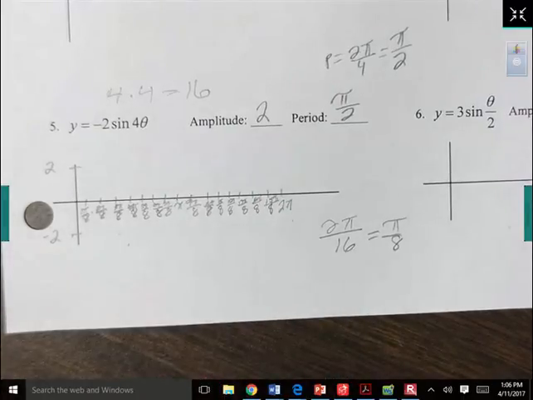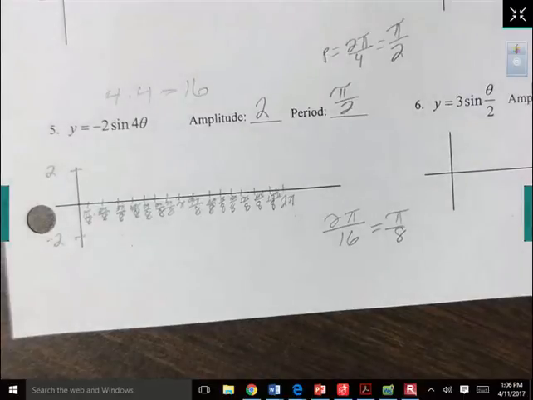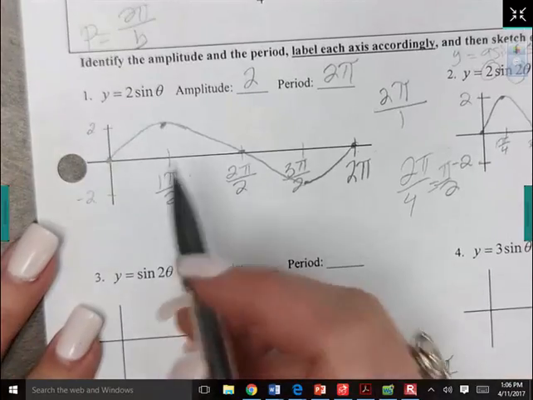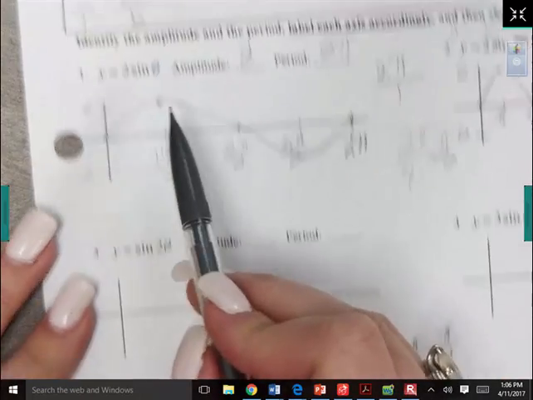Okay, so you ready for this next part? Before we finish, guess what? What's different about this problem, other than we had to do 1,000 little marks? Negative. So guess what that means? It's going down, right? So instead of us, remember on all these, we would start at 0, 0, and we go up, right? Guess what we're going to do here?